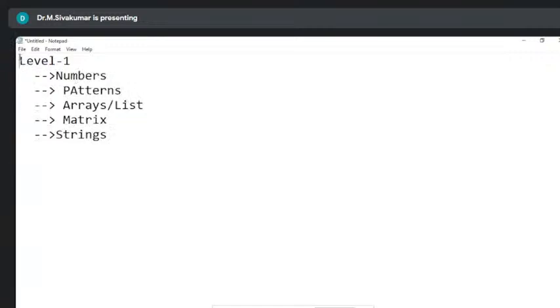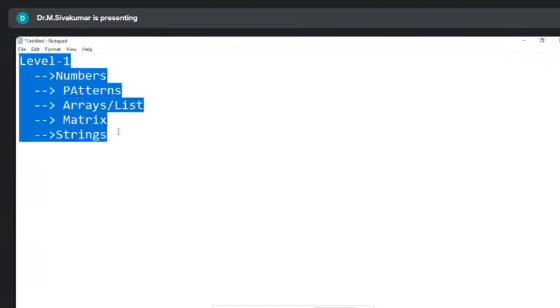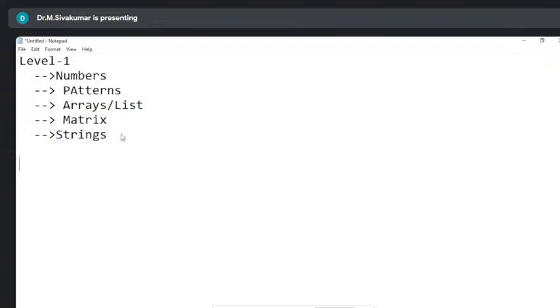After completing the basic-level problems in level one, please make them work on competitive websites, because if they are strong in basics, automatically they can go with easy kinds of problems in LeetCode. Please make it compulsory for every student, in case you are handling any programming subject.